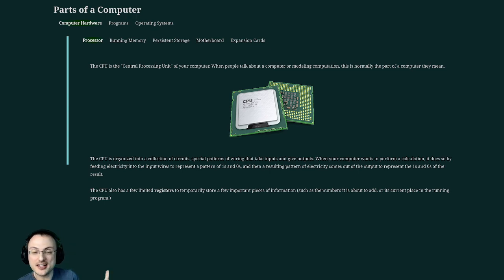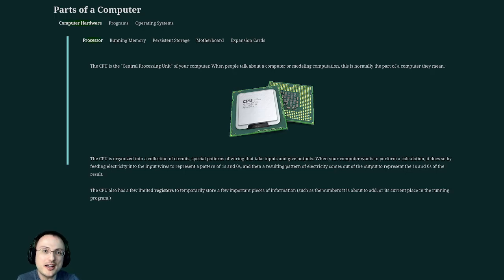And then as soon as that electricity flows out of the output, it's forgotten about whatever that thing is. It doesn't hold on to things in the long term, but it is very, very good at computing and giving you some result.